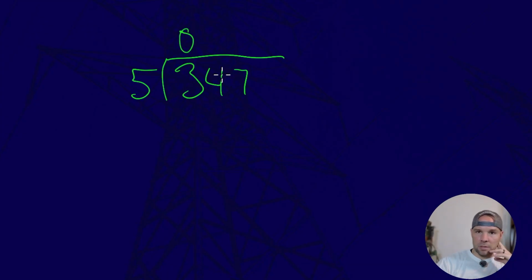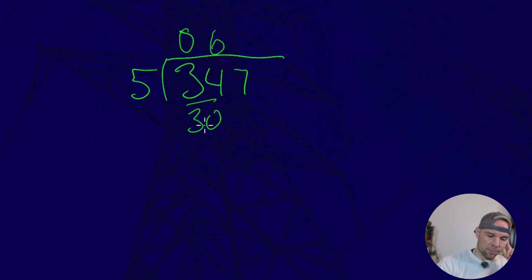Okay, 5 goes into 34 how many times? Well, we could say 5 goes into 34 6 times. So 5 times 6 is 30, right? So now we have to find the difference between 34 and 30, the remainder. So 34 minus 30 is 4.